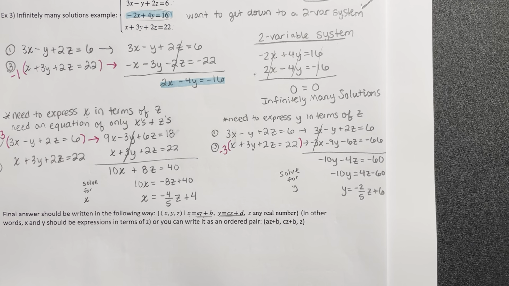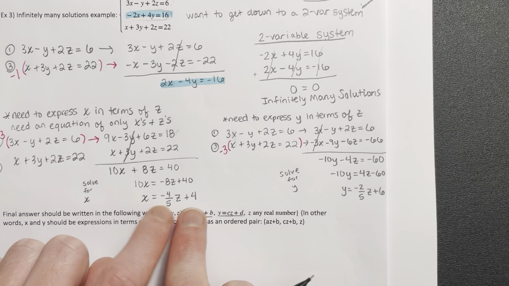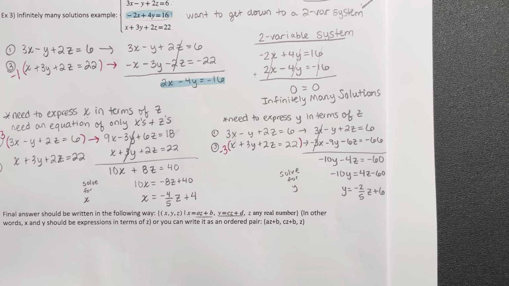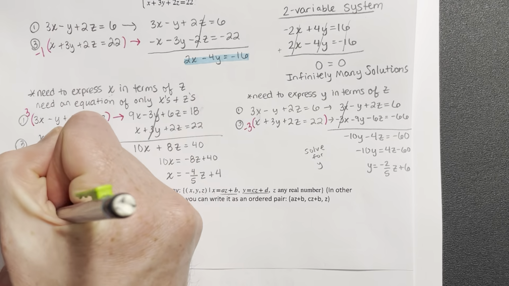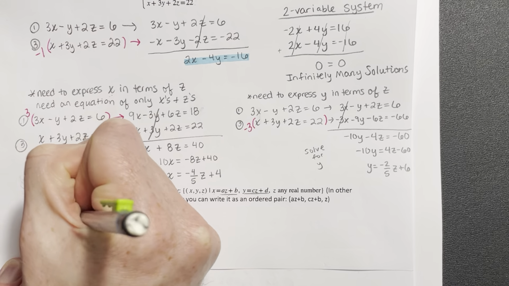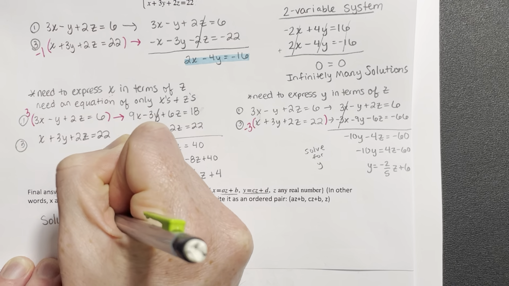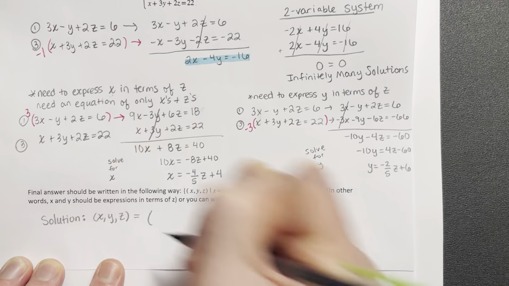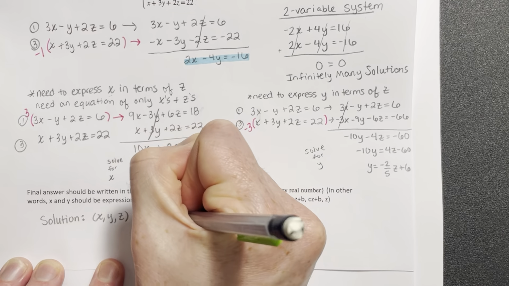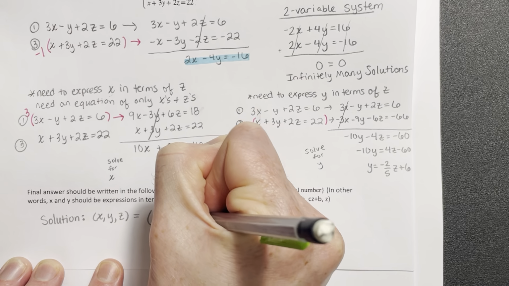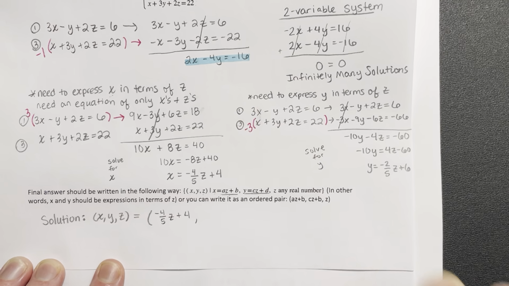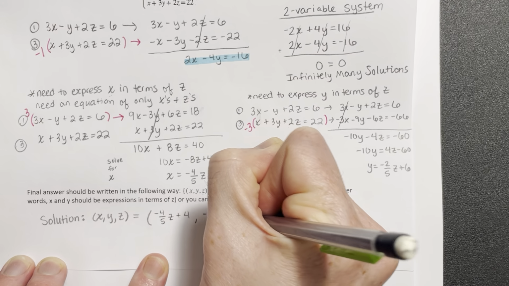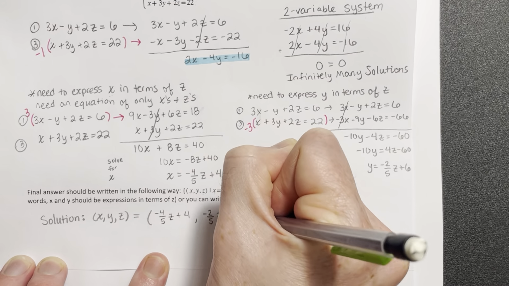Now I have an expression that says x is related to z somehow, y is related to z somehow, and z is just z. So we could write our solution as, when we say x, y, z, we're saying x, y, z is equal to negative 4/5 z plus 4. Y is related to z as negative 2/5 z plus 6.